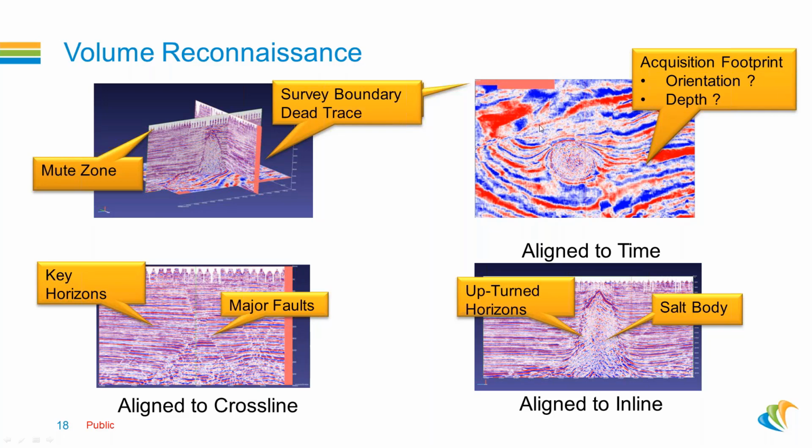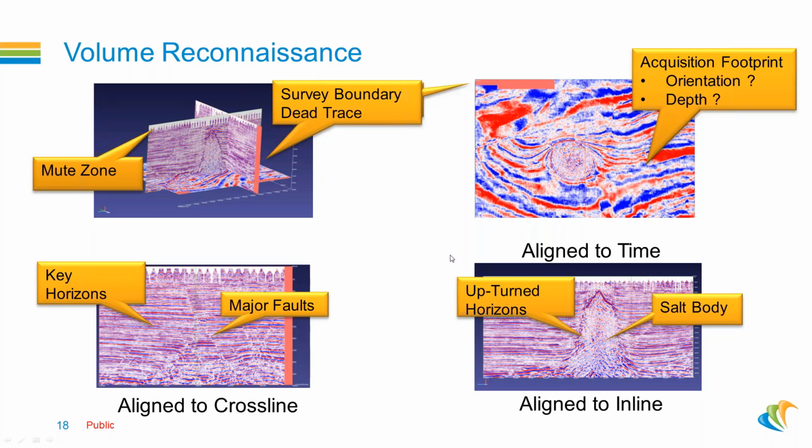We then start scrolling through the volume and see if we have some acquisition footprint, and we can detect the size and the orientation of that. A good thing is that InsideEarth allows you to data condition in 3 different orientations, not only inline and cross-line, but also in oblique orientation.